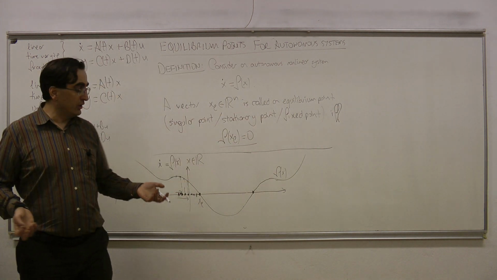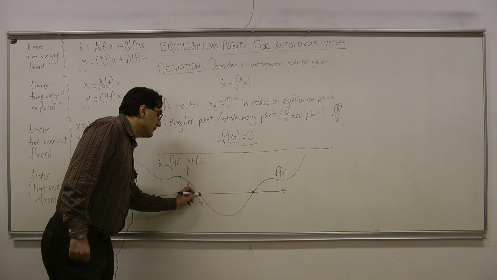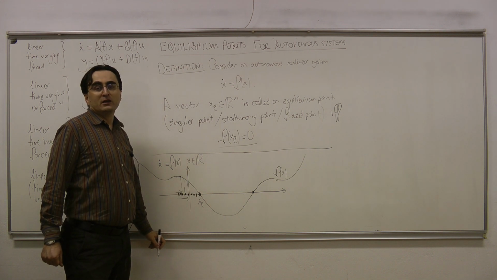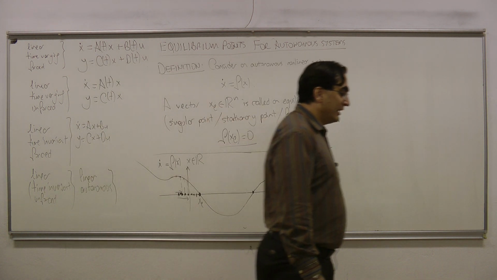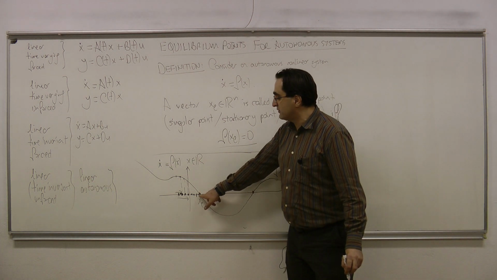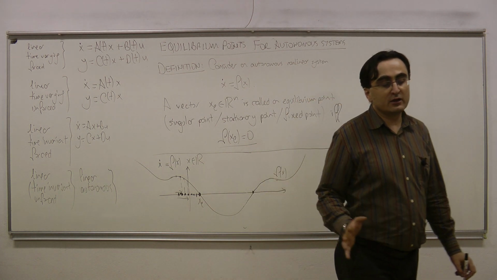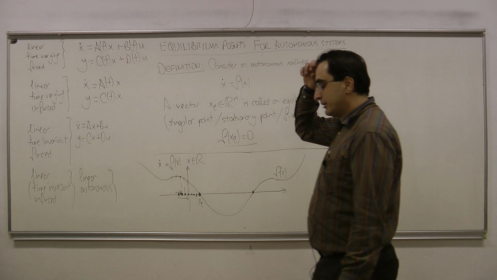It is not going to change with respect to time. So when the system reaches this equilibrium point, it is always going to remain there. When I start the system exactly at this equilibrium point, the state will always stay at the same point.